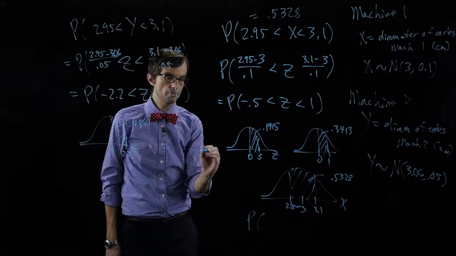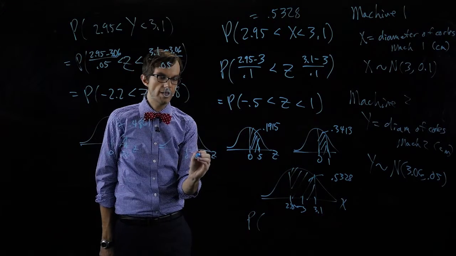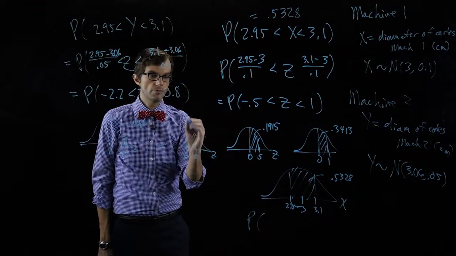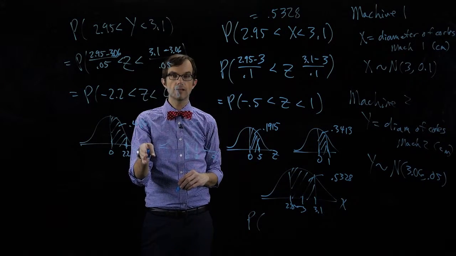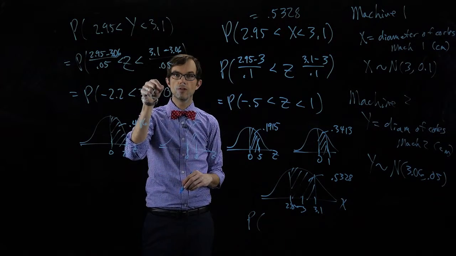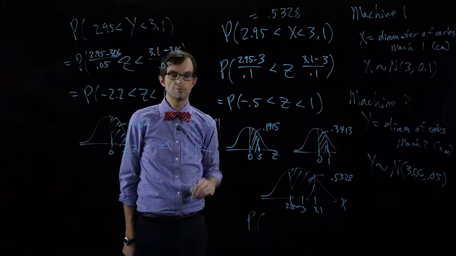And the area between 0 and 0.8, when we go down to 0.8 in the row and 0.00 in the column, is 0.2881.